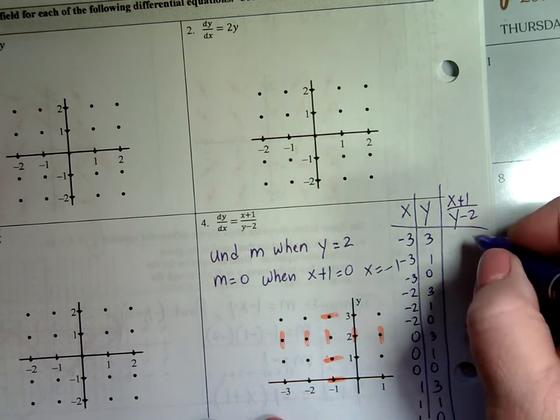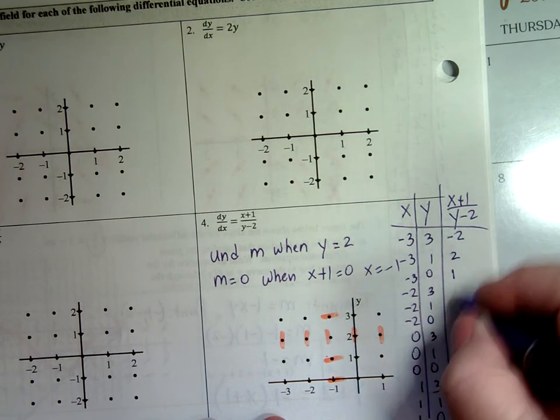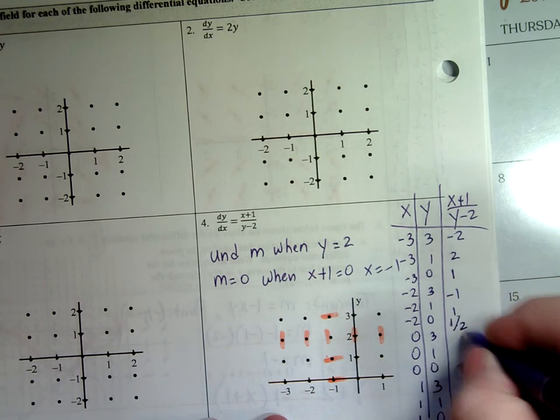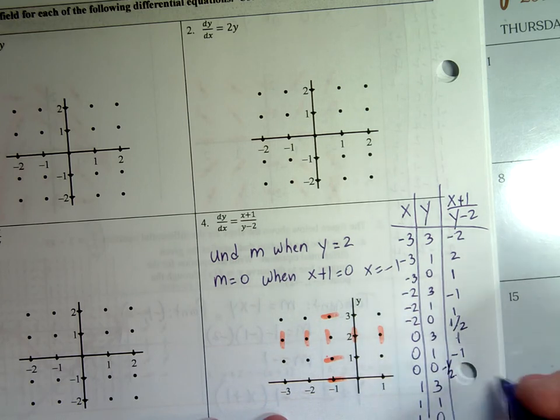This guy's -2, 2, 1, -1, 1, 1/2. 0, 3 is 1. 0, 1 is negative 1. 0, 0 is negative 1/2. I'm kind of running off my page there. 1, 3 is 2. 1, 1 is negative 2.